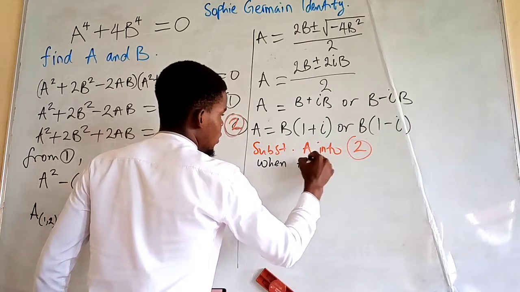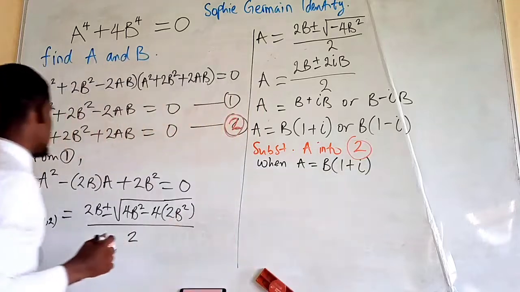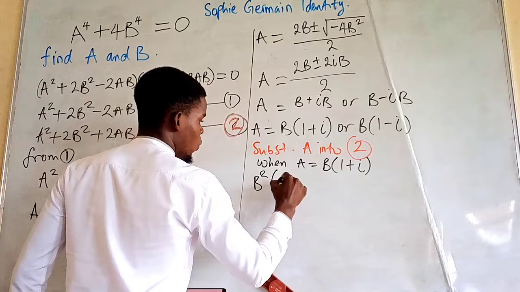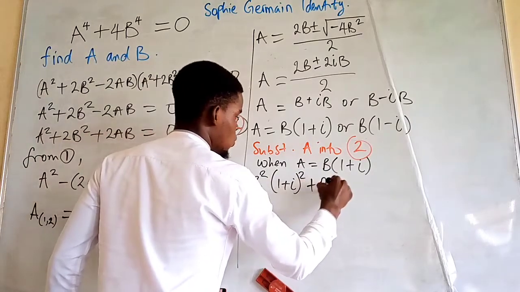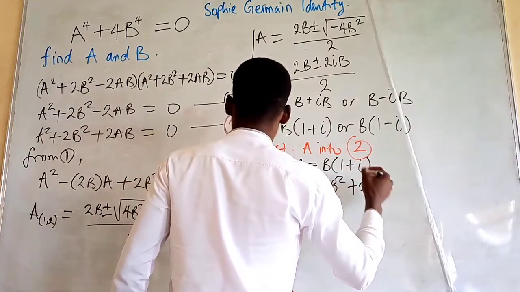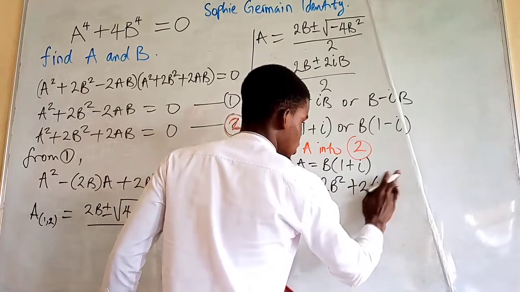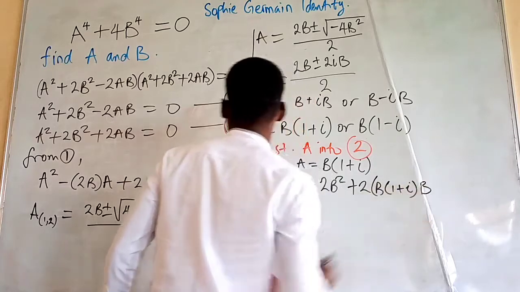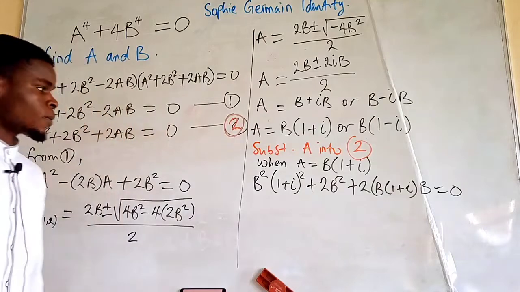When a is equal to b plus 1 plus I, that is going to give us b squared, then 1 plus I squared, then we add plus 2b squared, and we add again plus 2, then in place of a we just put down b, then in bracket 1 plus I will multiply with b again, and we just equate that to 0.